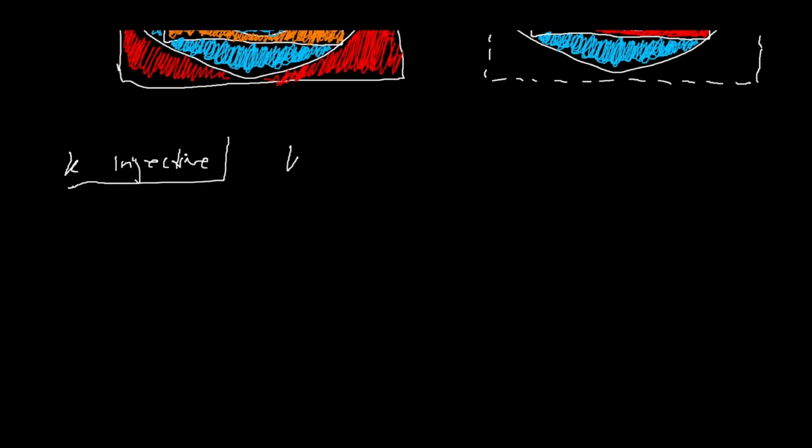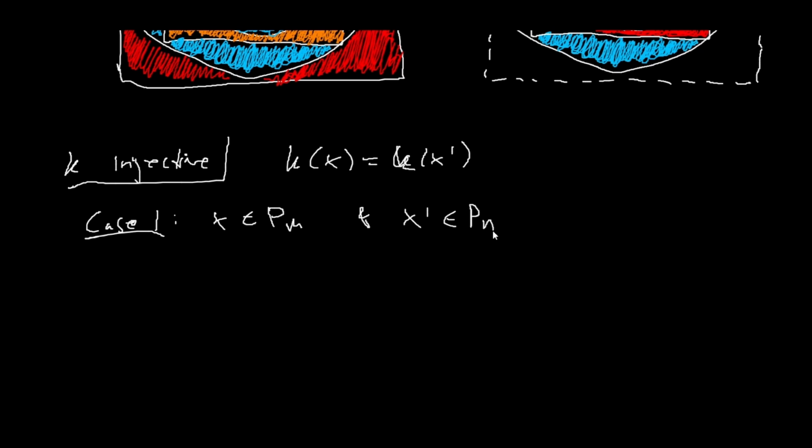And so suppose K of x equals K of x prime. And there's three cases to consider. Case one is x is in P of m, and x prime is in P of n, so they're both in one of the P sets.